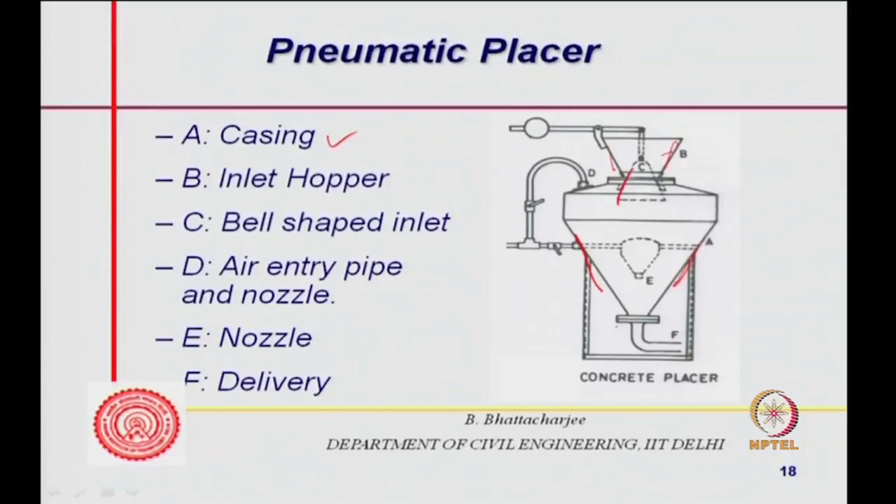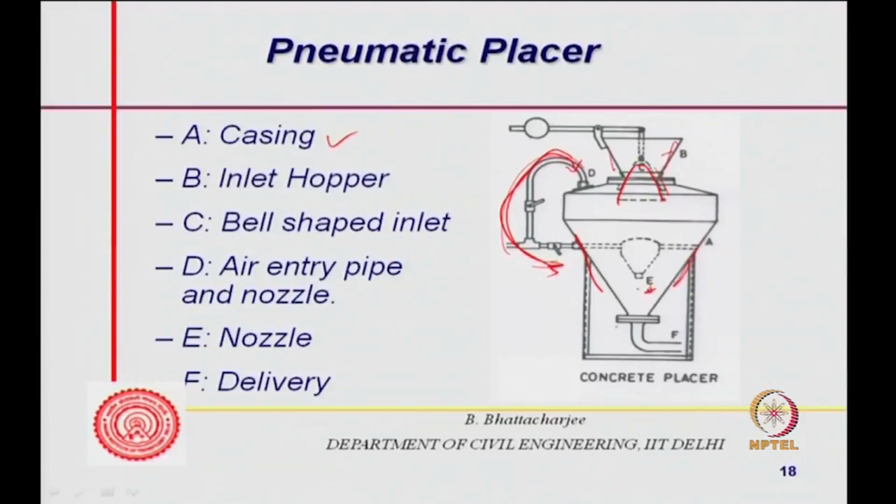C is the bell shaped inlet through which your mortar or concrete etcetera will come, and D is the air entry, through which the compressed air would enter. And E is a nozzle through which air will also enter.